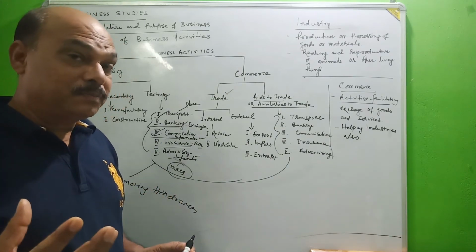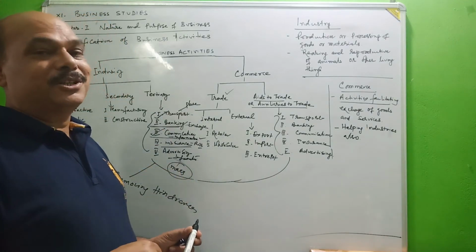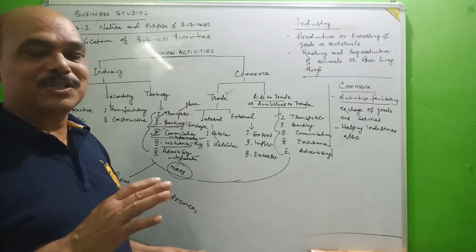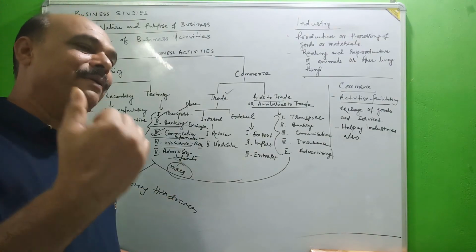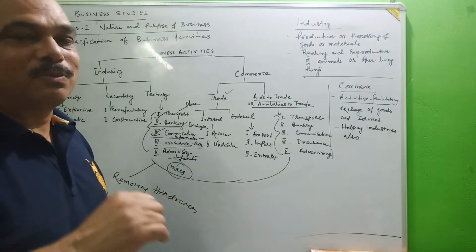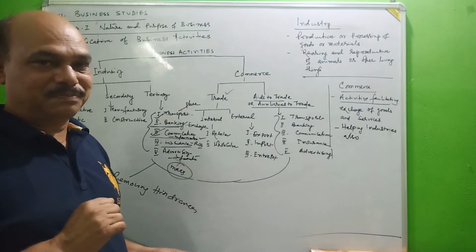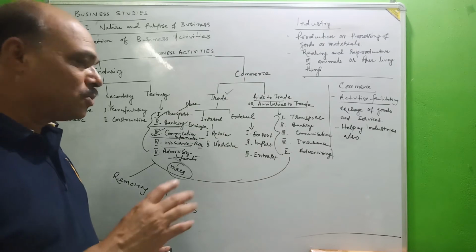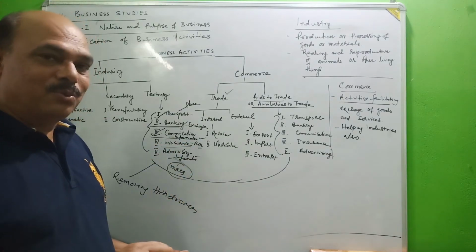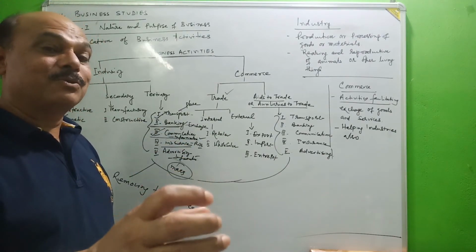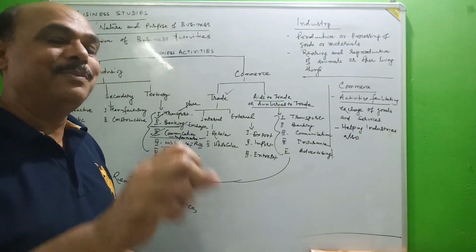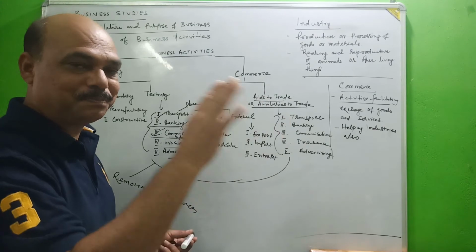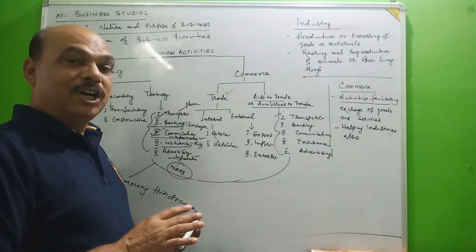So retailer, you are all acquainted with the retailers, because in this period of lockdown you are very much concerned with the retailers, because every time you are going to the nearest shop and purchasing the goods to avoid risks of coronavirus. Retailers are purchasing goods from the wholesalers in small quantities and selling to the consumers.